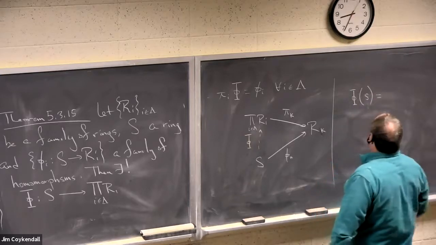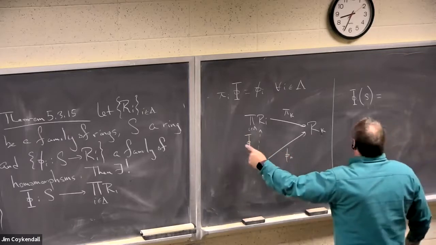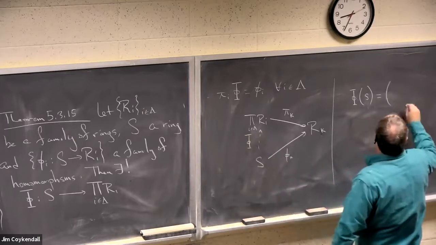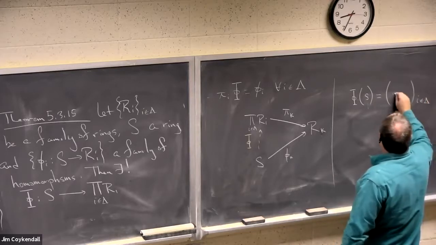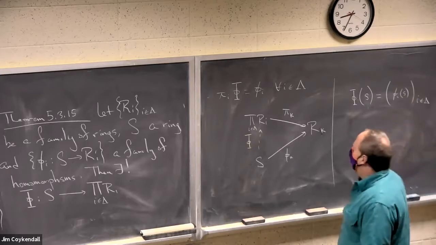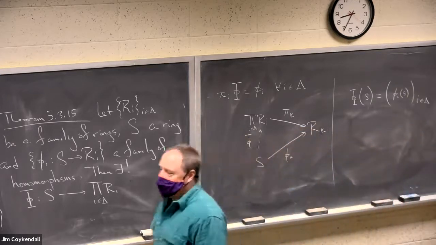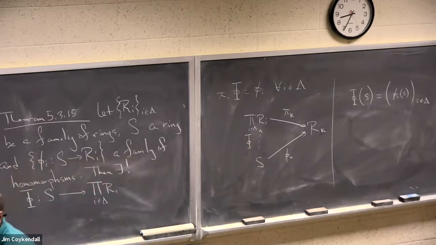You will find this familiar. This is what we did before. P of s has to be some kind of tuple. And there you go. Just check that thing works out multiplicatively. You're good. Okay. Any questions?